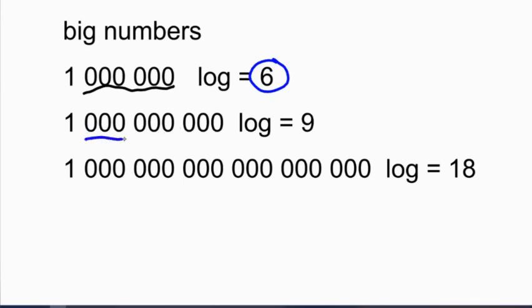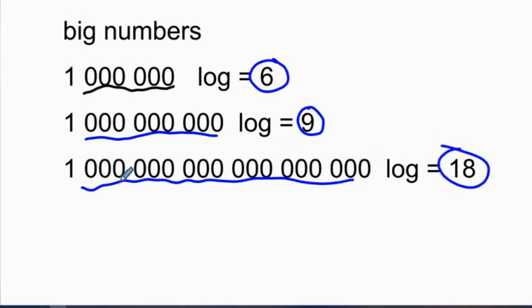This looks like a billion to me, and this is getting to be some really big numbers. Well, we can just say 9. I don't know what this number is here, but there's a whole lot of zeros. The log of that number is simply 18. So once again, it's easier to say 18 than it is to say 1, 0, 0, 0, etc.